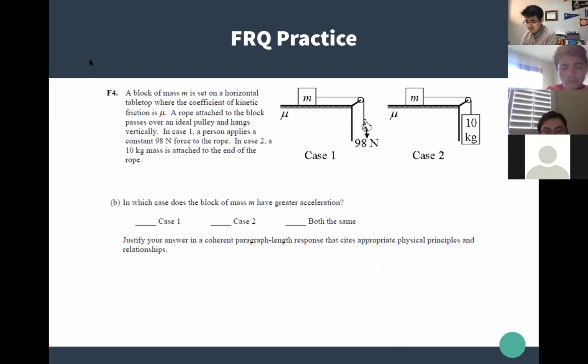If we assume gravitational force is 9.8, wouldn't it be both? Yeah. Right, and then now you just have to write in a coherent sentence. If we assume that the acceleration due to gravity is 9.8, then both the 98 Newton force and the weight of the 10-kilogram block would be equal. And assuming that it's the same table, then they would both have equal accelerations. And you just write using 2 or 3 full sentences.